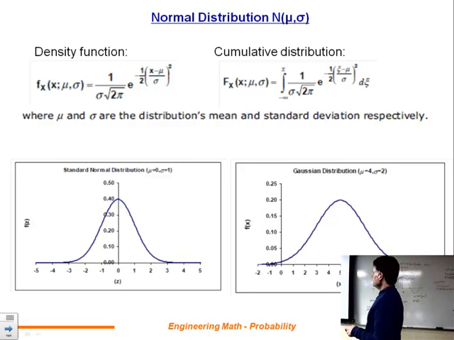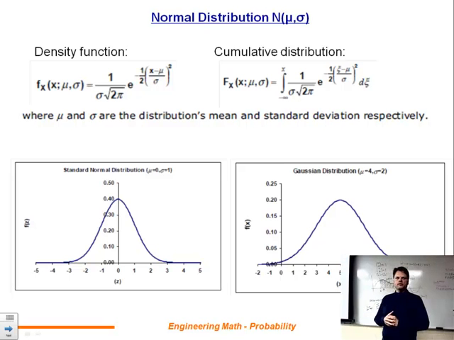You're going to fix the mean and standard deviation as separate independent parameters. So when you specify a normal distribution, that distribution depends on these two external parameters, the mean and the standard deviation. The mean is the Greek letter mu, and the standard deviation is given by the Greek letter sigma.